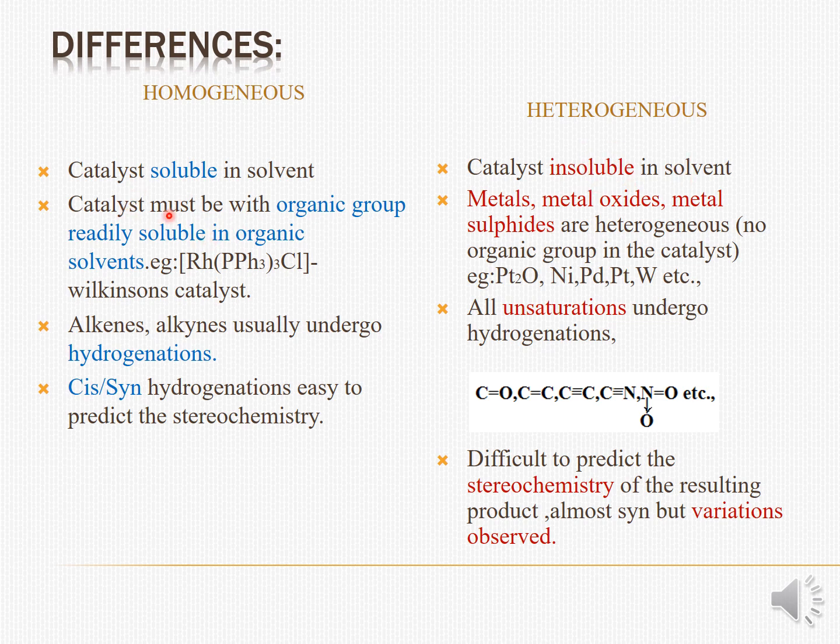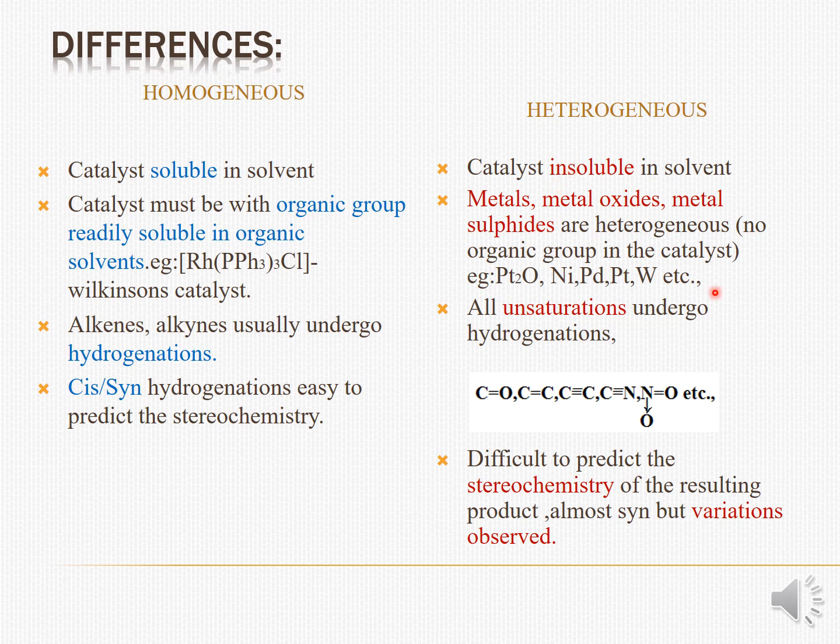Alright, and here the catalyst must have an organic group which is readily soluble in organic solvents, such as the Wilkinson catalyst, that is your chlorotris(triphenylphosphine)rhodium(I) complex. Okay, so that is your Wilkinson catalyst, and then the alkynes will undergo hydrogenation, and stereochemistry will be based on cis or syn hydrogenation, which makes it easy to predict the stereochemistry.